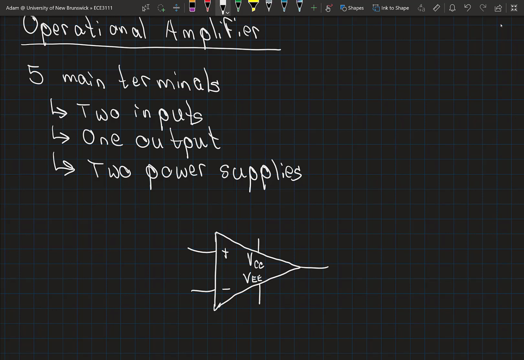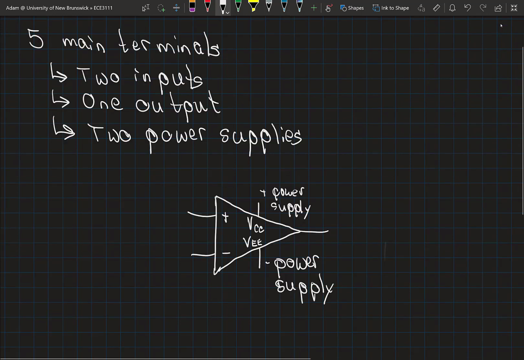But again, this is the positive power supply, and this is the negative power supply. And again, these pins are often excluded in diagrams, but it's important that we don't forget that they're there.